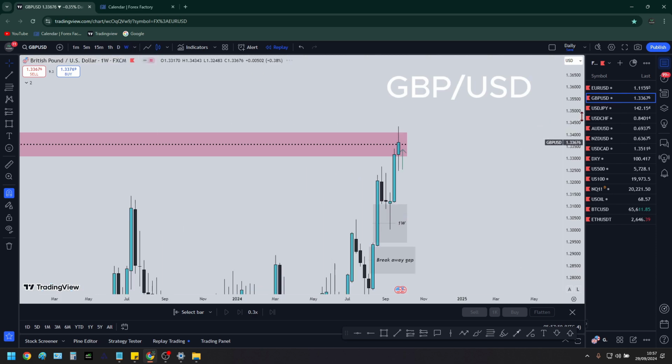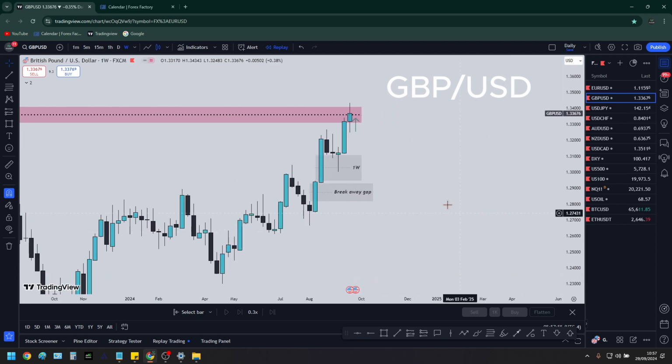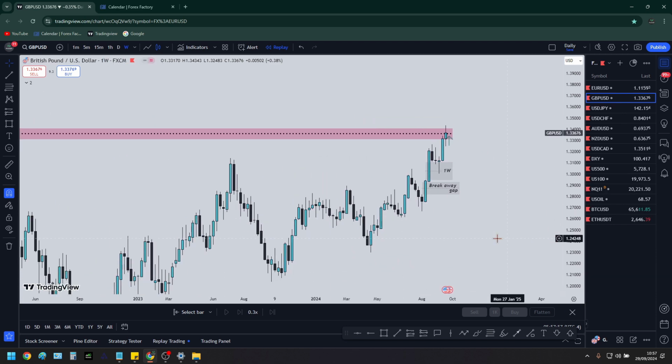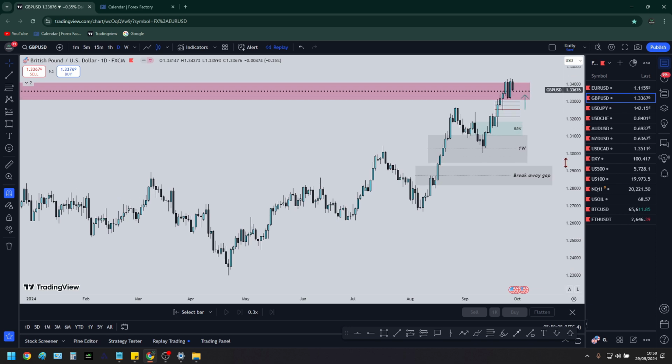GU, pretty much the same thing. I was bullish and we met the target. This is the weekly. It's the volume imbalance. We're just tapping the 50% of the volume imbalance. We'll see what happens. And yeah, bullish on the weekly.